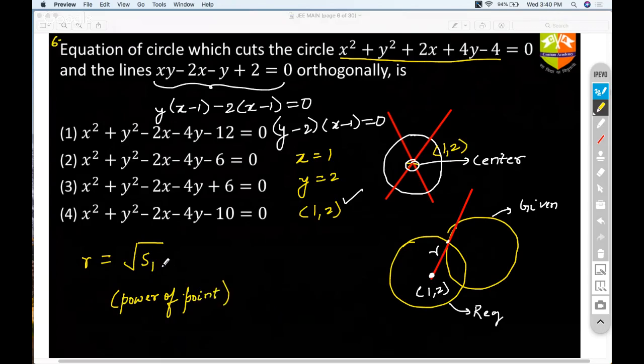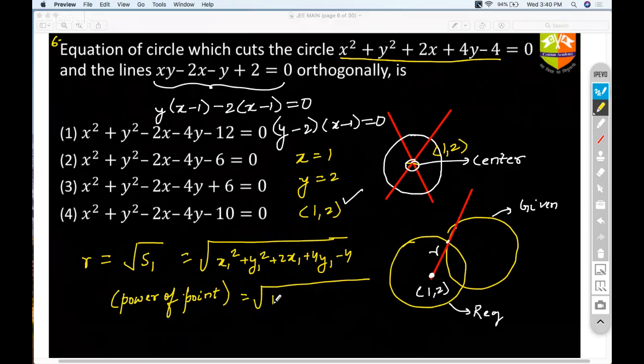Right? So under root of S1 means under root of x1 square plus y1 square plus 2x1 plus 4y1 minus 4, and your x1 y1 is nothing but 1 comma 2, so that would be 1 plus 4, and then 2 plus 8 minus 4, that's going to be root of 11.